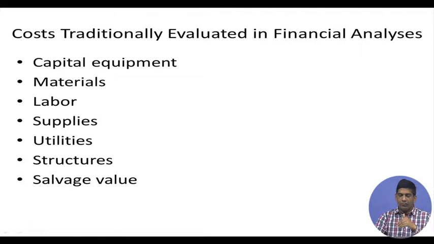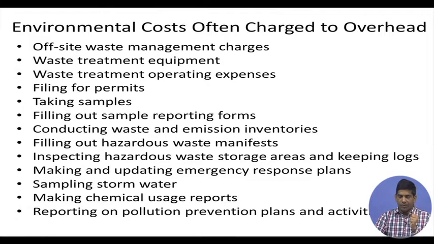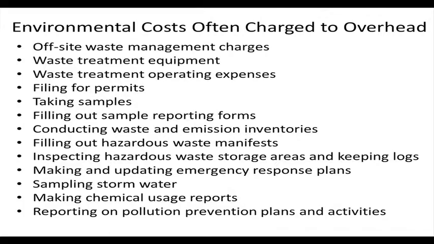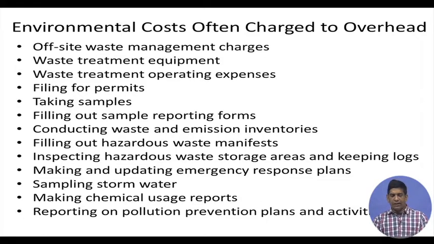What kind of costs are we looking at? We are looking at the capital equipment, material, labor, supplies, utility, structure, salvage values, and all that. As I said earlier, many times the environmental cost is charged to the overhead, which includes off-site waste management charges, waste treatment equipment, operating expense, filling of the papers, permits, tracking samples, sample report forms, conducting waste emission inventory, sampling, inspecting hazardous waste, sampling stormwater, making chemical usage reports. This is a very exhaustive list, but there still could be some other aspects not included here.